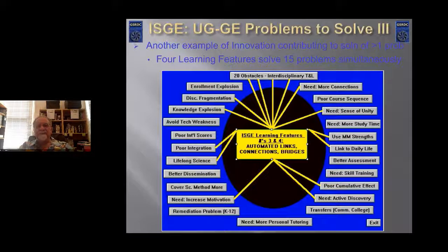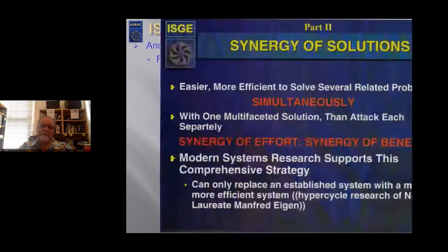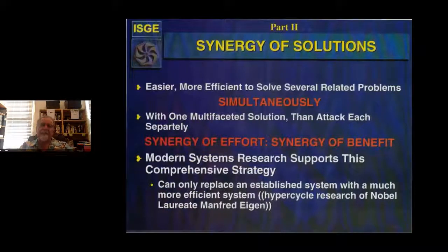So we solved, in this case, 15 problems simultaneously with just 4 learning features. So the solution had a synergy built into it. It was easier and more efficient to solve several related problems simultaneously with one solution that was designed, a systems education solution, than attack each separately. The synergy of effort and the synergy of benefit.